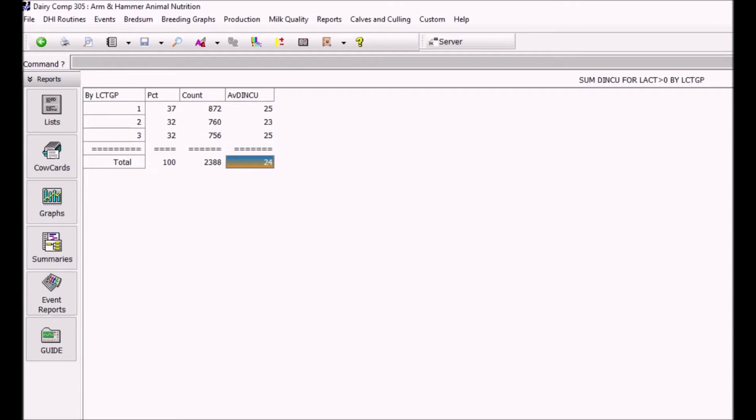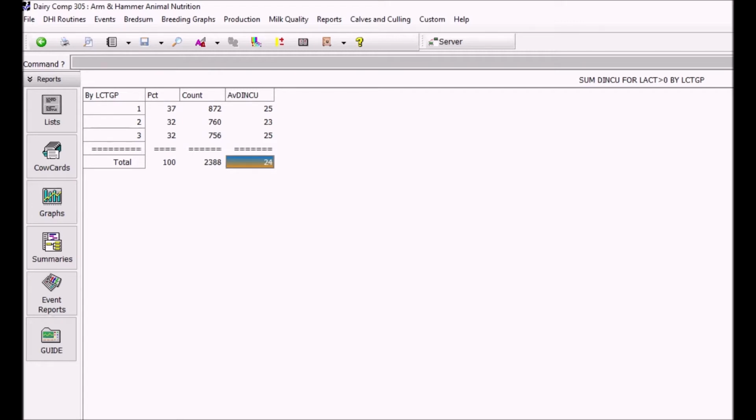This is a good command to find out if there's a different policy management-wise in how we handle any of the particular groups. For example, sometimes you will see the lactation 1 are being handled differently in the way we move them to the close-up pen. This will be a quick way to know whether or not that is the case.